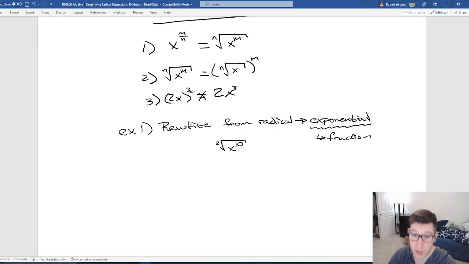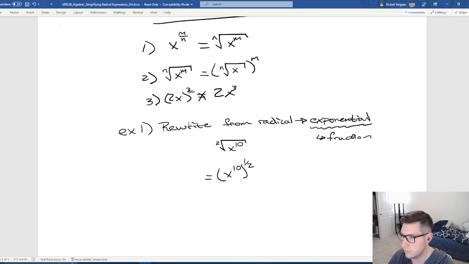If I have a fraction, I need a numerator and I need a denominator. I'm going to write the 2 to make sure I'm not missing my index so that I can create that fraction. And so from here, I'm actually going to jump right into the fraction form of that square root. And so by that I mean this is really x to the 10th raised to the 1/2 power.